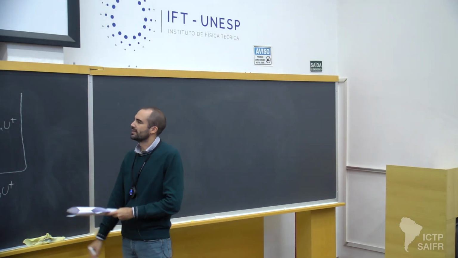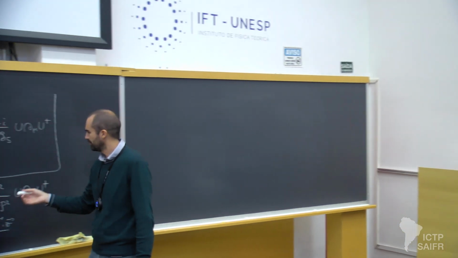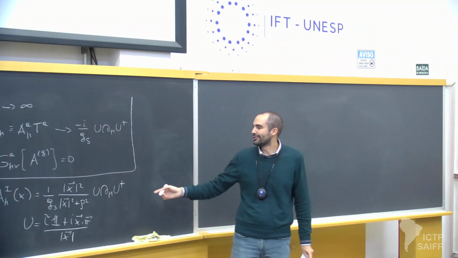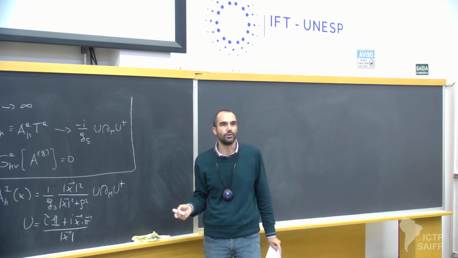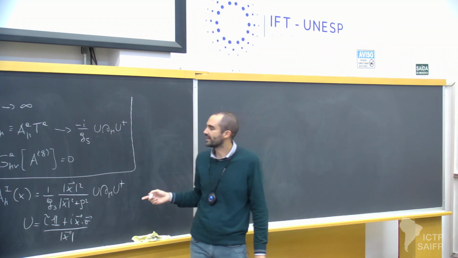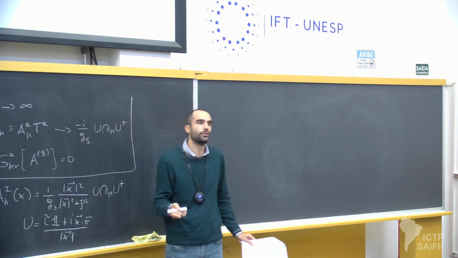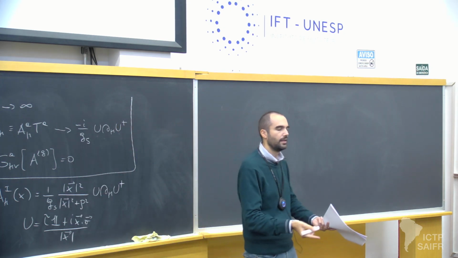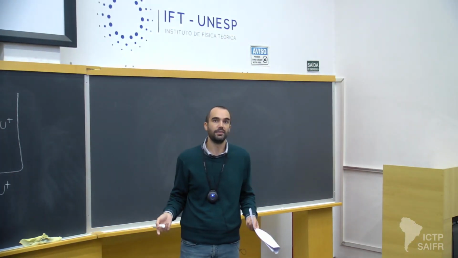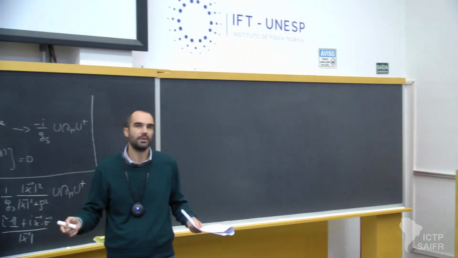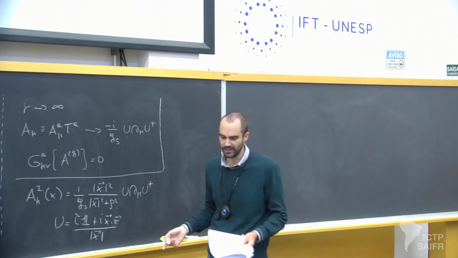Fine, we just went through these steps and found this solution, but the question remains: why is this solution relevant to us? Why would we want to expand the path integral around this solution? Normally, what we do is find the ground state of the theory, the minimum of the energy, and then we quantize fluctuations around this minimum, and that's what we call our quantum fields.